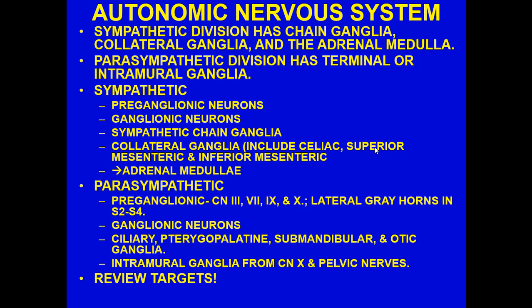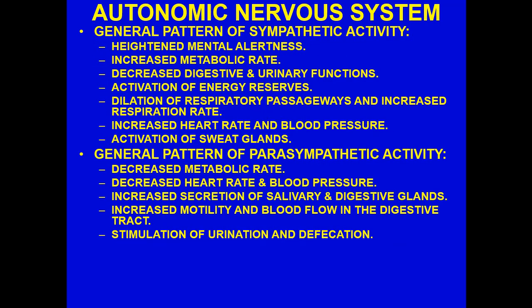And you will also have an unusual situation of the ganglia coming out from the ciliary, pterygopalatine, submandibular, and optic ganglia. There will also be some intramural ganglia from basically cranial nerve 10, which is the vagus nerve, as well as pelvic nerves. You want to review the targets of where they're going to be at, and we'll get more into that in a few minutes.